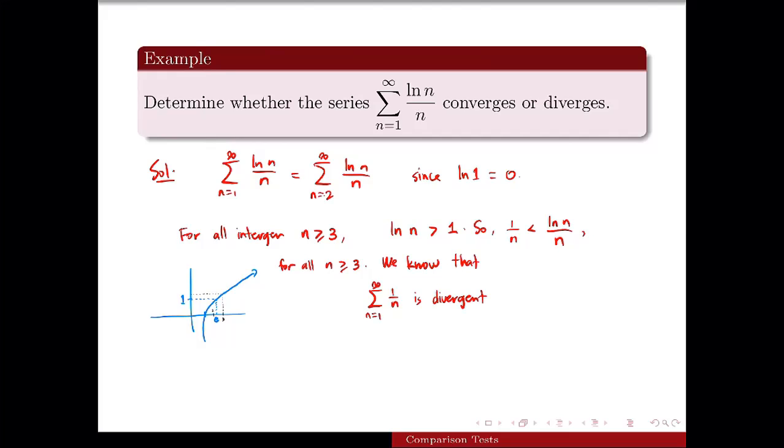Even if you start with n equals 3, well, 1 plus 1 half is just a fixed number, so you can start your series at n equals 3, and the conclusion will still be the same. So this series is divergent.